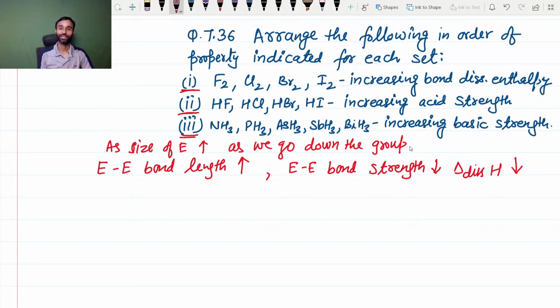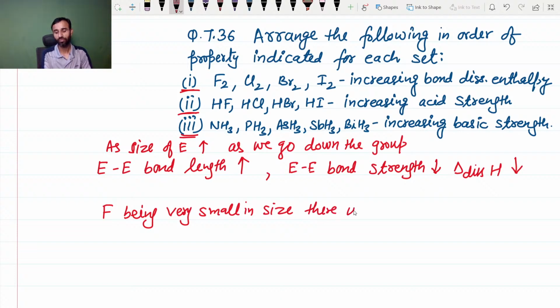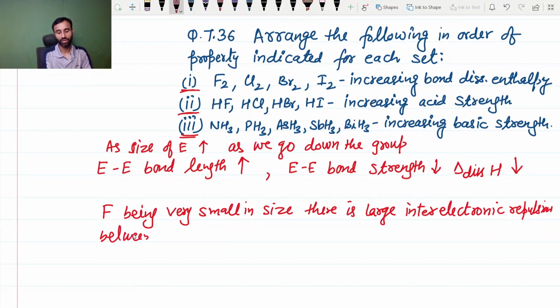But there is a twist because of very small size. Fluorine being very small in size, there is large inter-electronic repulsion between non-bonded pairs.